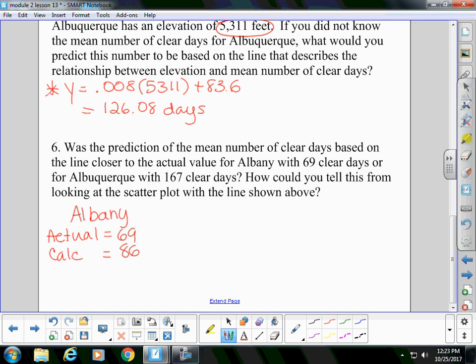So that means that the calculated answer was off by, I'm going to do 86 minus 69. So it was off by 17 days. Let's find out for Albuquerque.